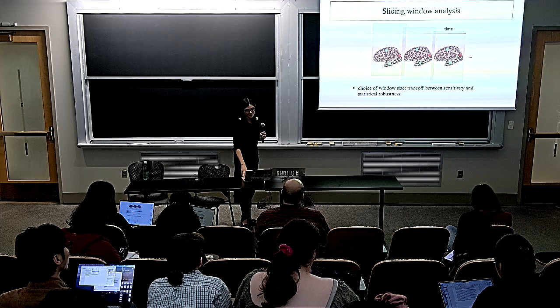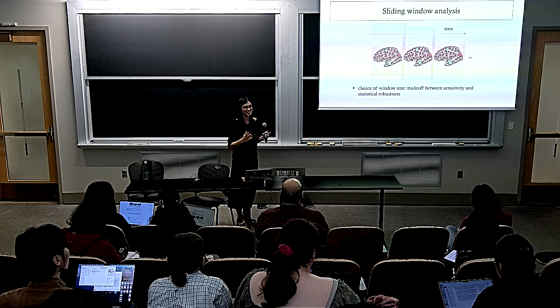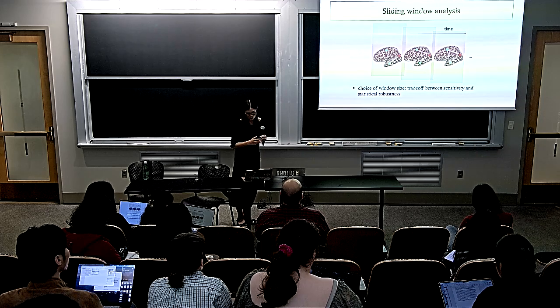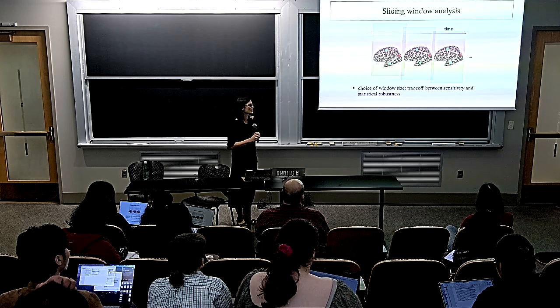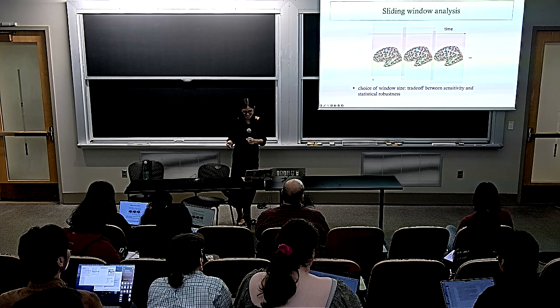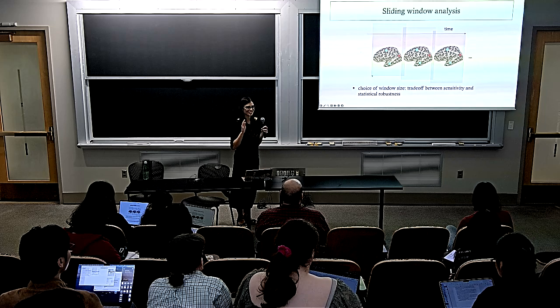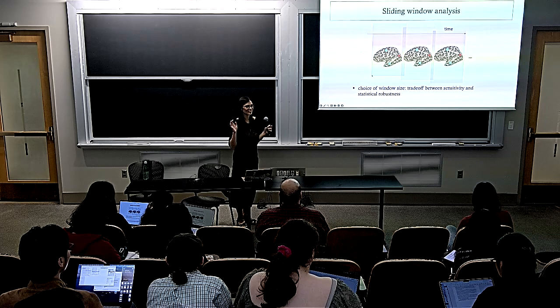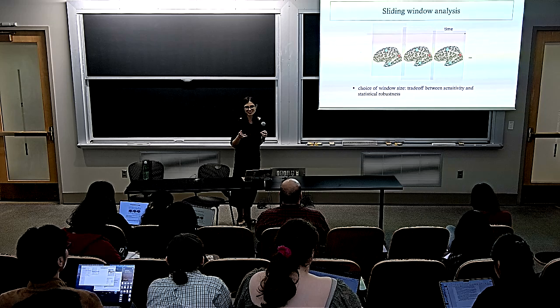It's easy to just take your data and run some analysis like this, but there are a number of trade-offs to be aware of, and some parameters that you would have to select as well. One question you might ask is, how long do I make windows when I'm going to look at networks over time? On the one hand, if they're too long, we may be missing something that's happening at a faster scale.